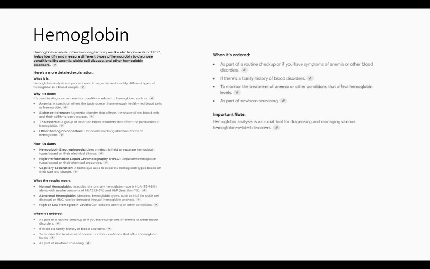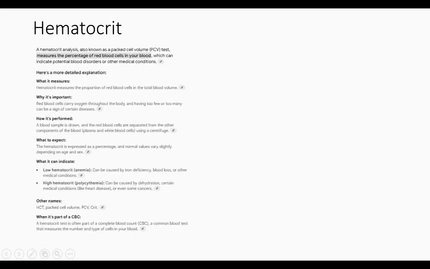Normal results: in adults, the primary hemoglobin type is HbA, between 95 to 98%, smaller amounts of HbA2 between 2 and 3%, and HbF less than 1%.